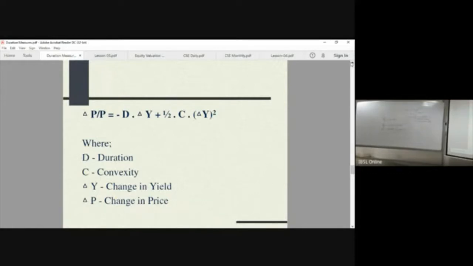So what you need to do now is apply this equation. Apply it, because you have already calculated the duration and the convexity both. Therefore, you just see, for a change of 3% in the interest rate, what is the price change of the bond?